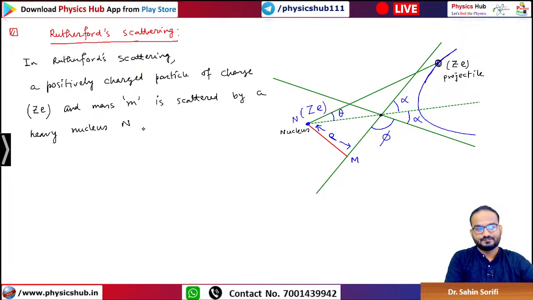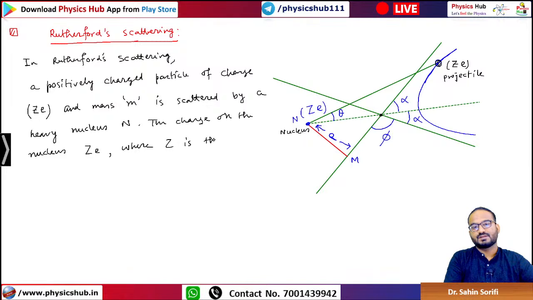If the atomic number is capital Z, the charge on the nucleus is capital Ze. To distinguish between them, for a small z you can give this cut, for capital Z you don't, where capital Z is the atomic number of the nucleus.